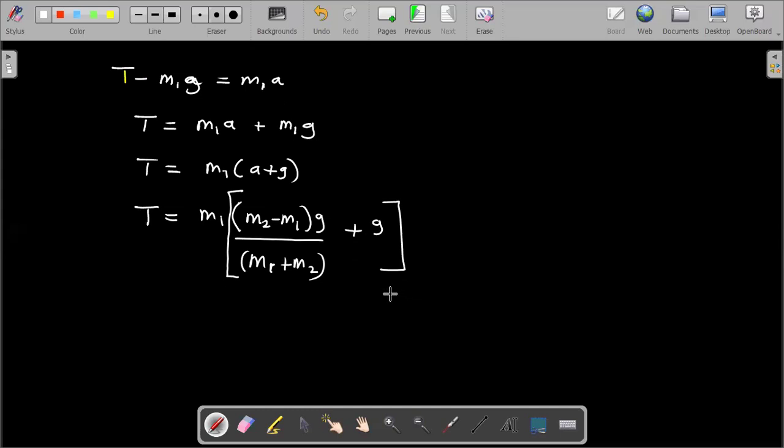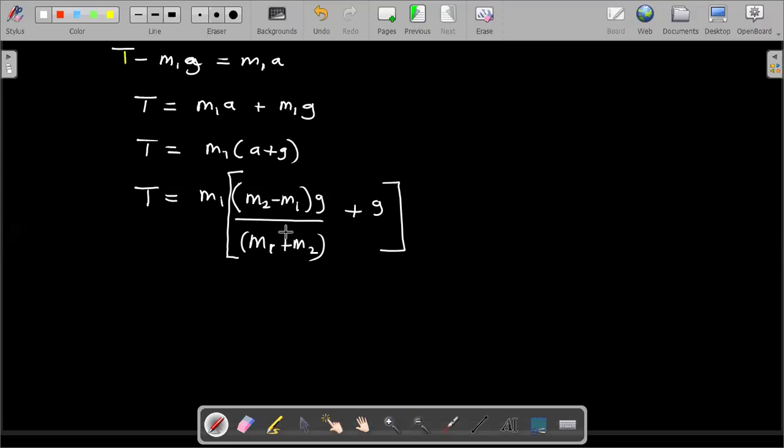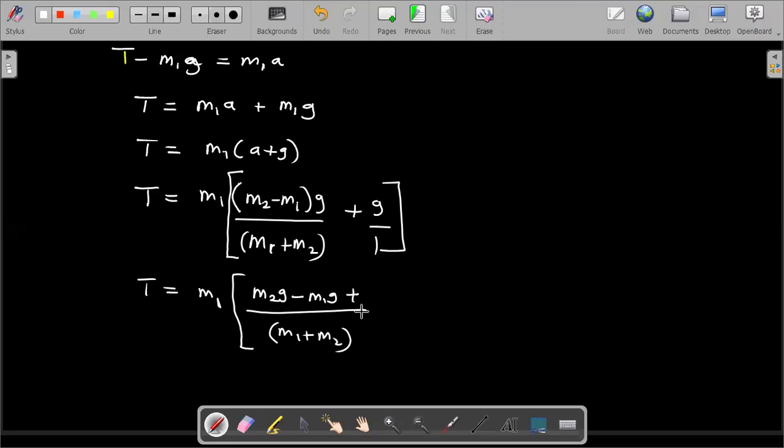From here, let's see if we can tidy this up and get something interesting. Let's do our LCM here. The LCM is going to be M1 plus M2, and we still have M1 as a coefficient outside. Then we have M2G minus M1G added to G into bracket M1, which we get directly as M1G plus M2G.